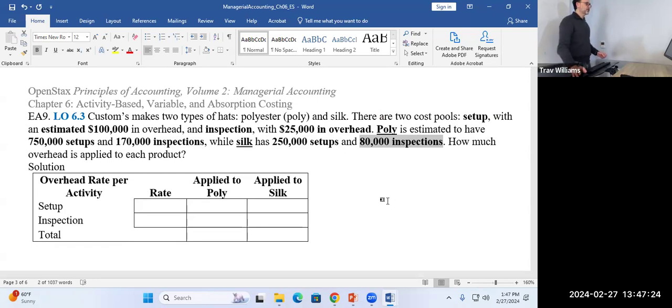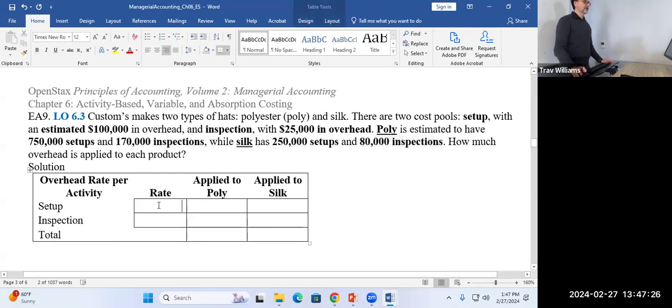What we have to do first is figure out the overhead allocation rate for each cost pool. Once we have the rate for each cost pool, then we'll apply it to the number of setups and the number of inspections for each product to figure out their total overhead costs.